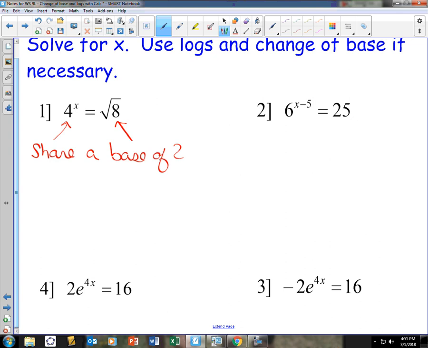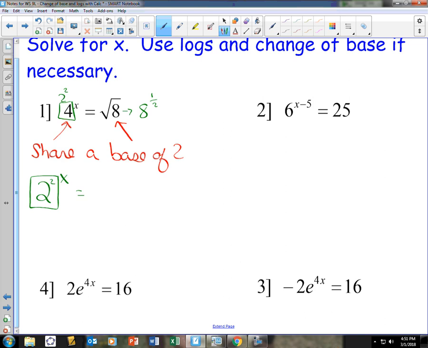So this right here is the same as 2 squared, but it's 2 squared raised to the power of x. And then this right here is the same as 8 to the 1/2. But then I'm going to rewrite that 8 as a 2 to the 3rd to the 1/2.